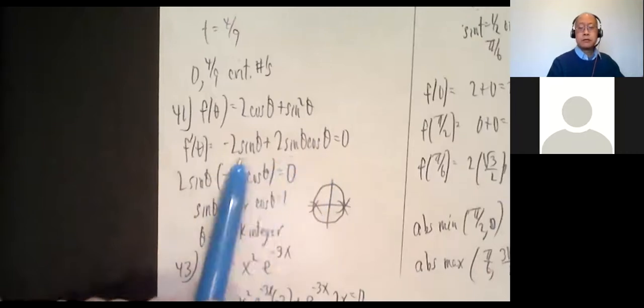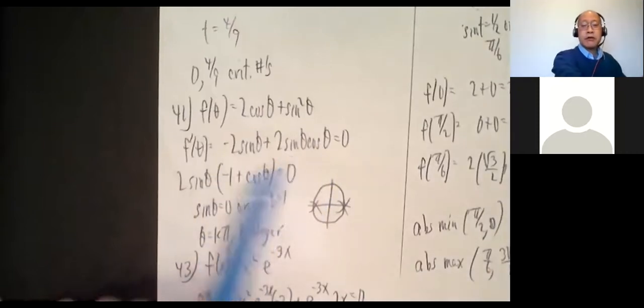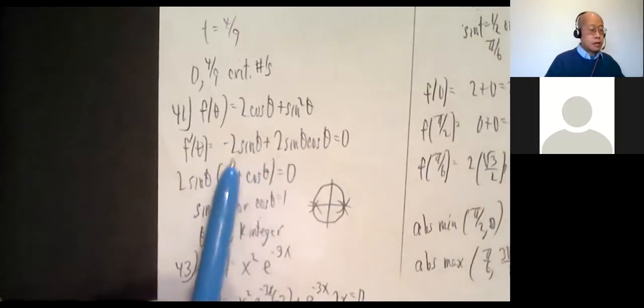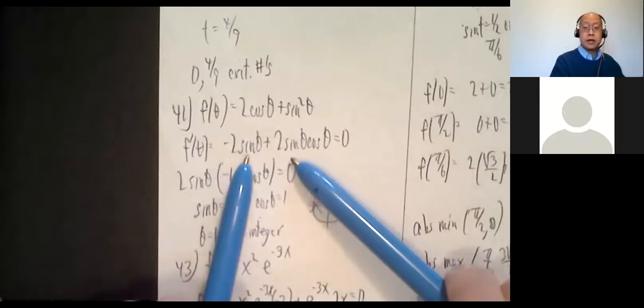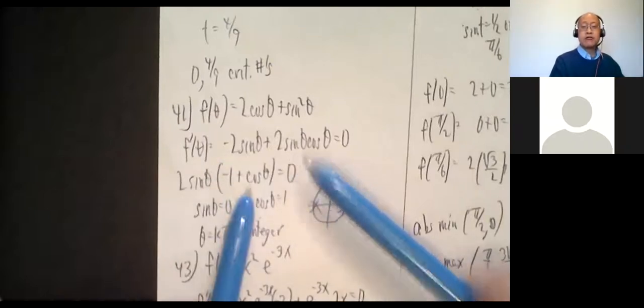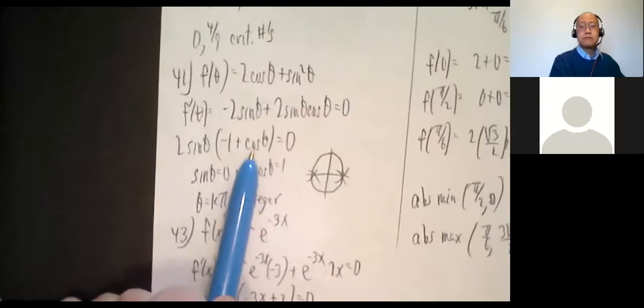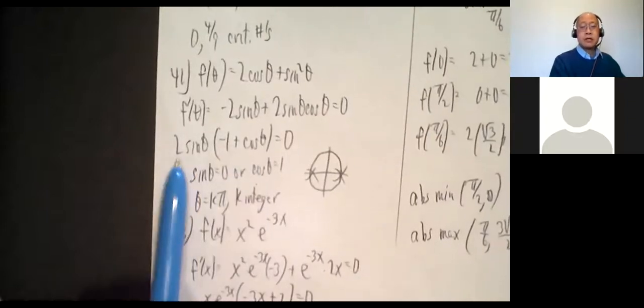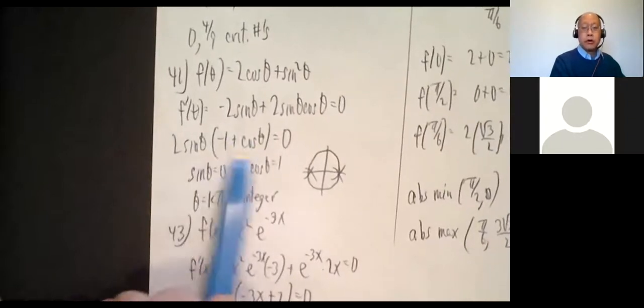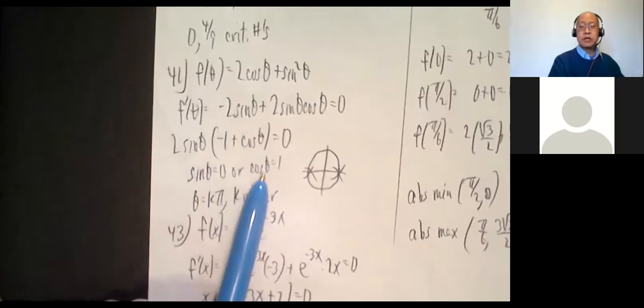So I have this. Okay, factor out the common factor of 2 sine theta. There's a 2 sine theta here, 2 sine theta here. So take that out, you get negative 1 plus cosine theta. All right, so that means sine of theta is 0, or this thing is 0, meaning cosine of theta is equal to 1.